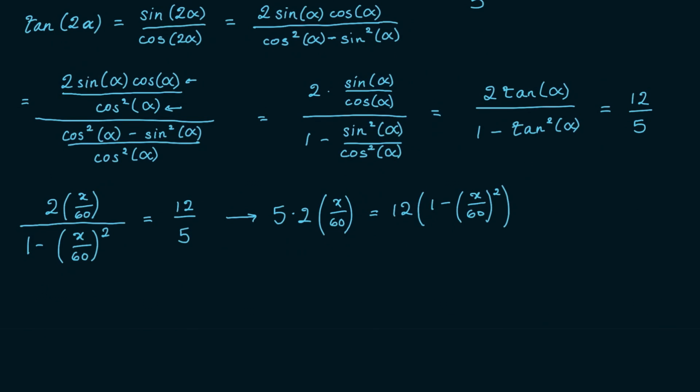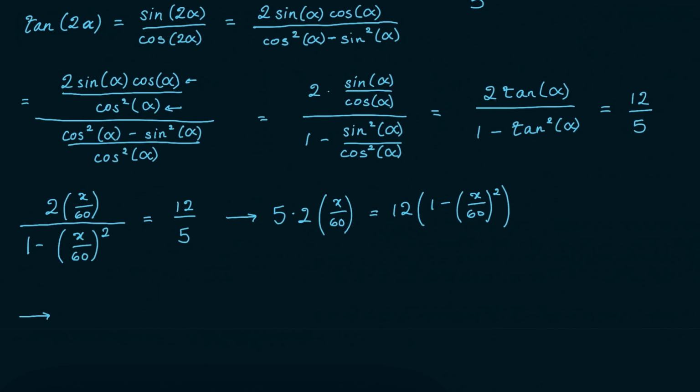Alright, let's simplify this a bit. On the left-hand side, we get 10 times x over 60, which is just x over 6.